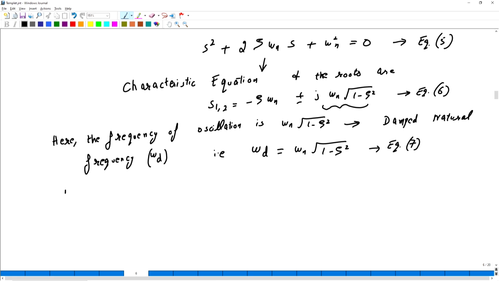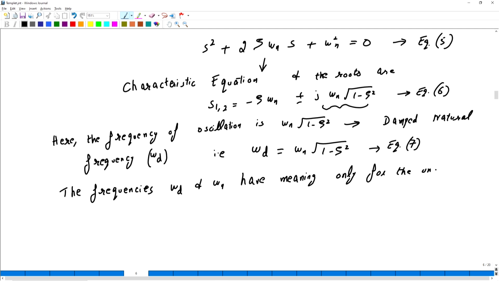Now we know that the frequencies omega d and omega n have meaning only for the underdamped case. And for the underdamped case, we know that zeta lies between 0 and 1.